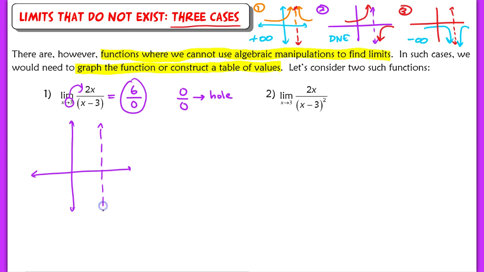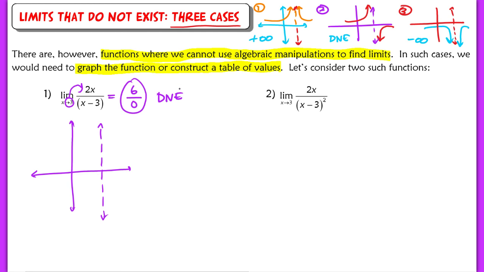So we have that vertical asymptote here. So 0 divided by 0, you're going to get a hole in the function, but a constant other than 0 divided by 0, this is where your function has a vertical asymptote. And as we discussed, whenever you have a vertical asymptote, your values have to tend towards one of 3 different cases. So we do not have an actual limit here, so the limit does not exist.